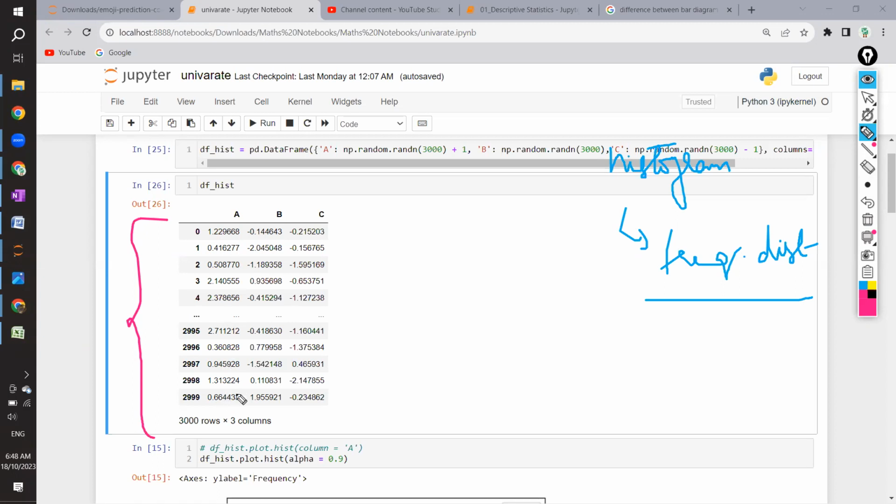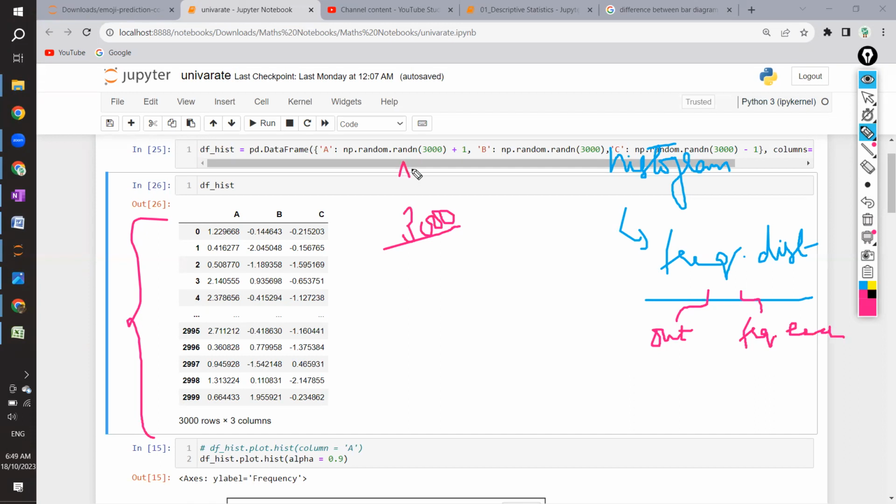So that means a total of 3000 unique values. So what are the possible outcomes of column A? Any frequency distribution has one, the outcome, and second, the frequency of each outcome.